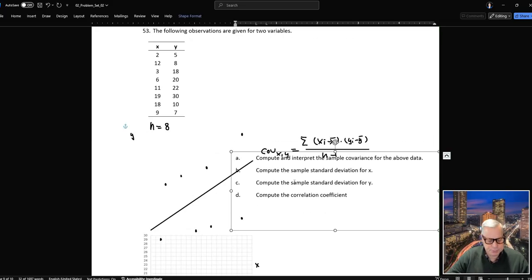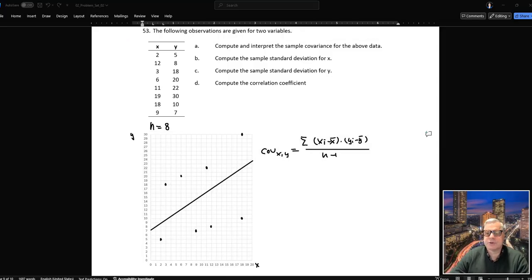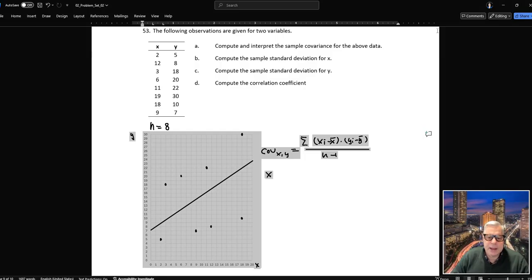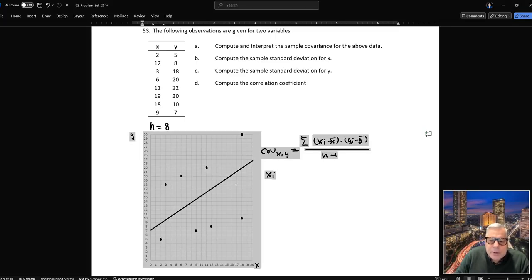Well, maybe that was a bad idea. So let's just make a column here again with x. So we need the x's again. Then the xi's, then the yi's.